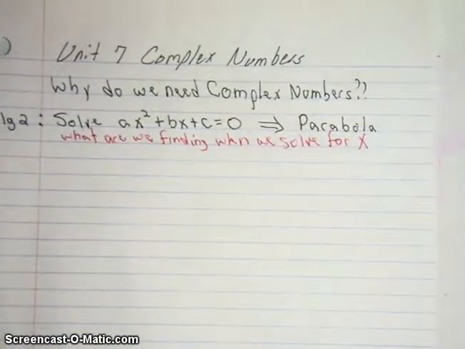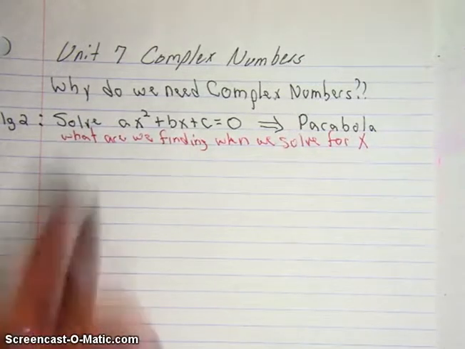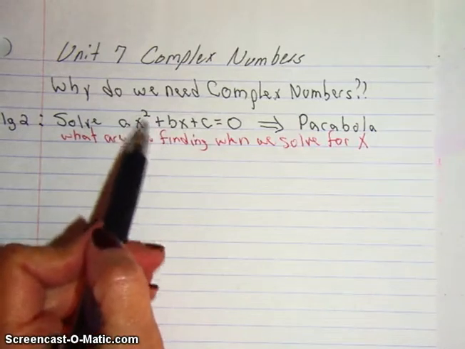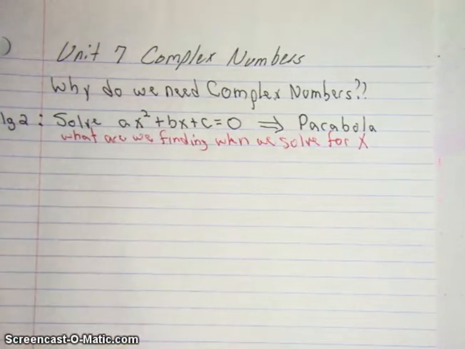Well, what does that mean when you take the equation, you set it equal to 0, and you solve for x? And remember, we're solving for not just x, but we're solving for x squared. So that means we get two things in relation to the parabola. Raise your hand, please. Go ahead.